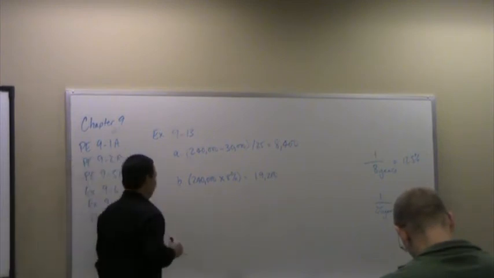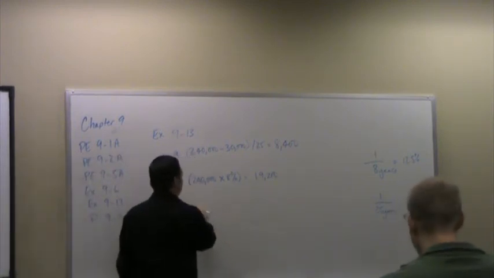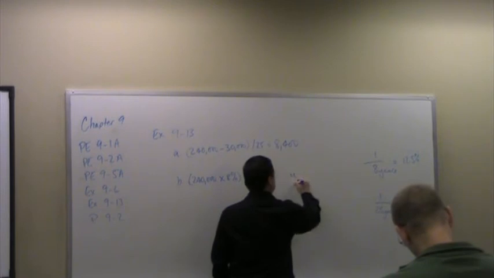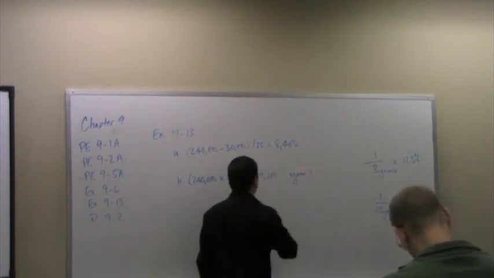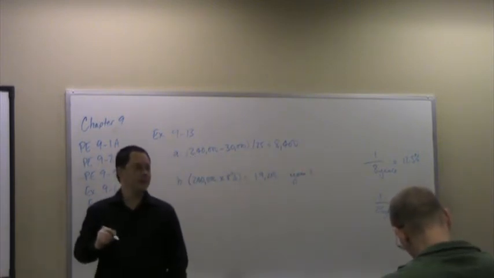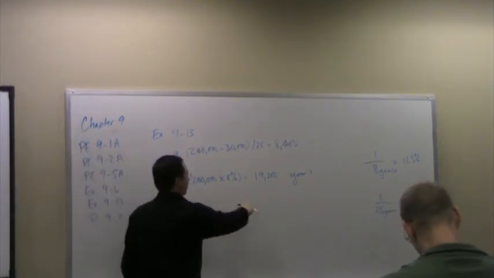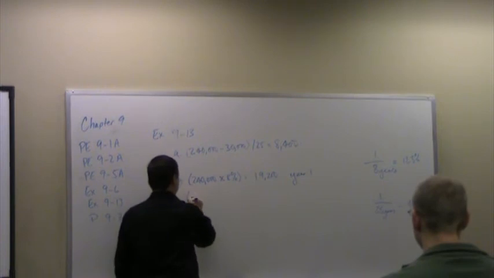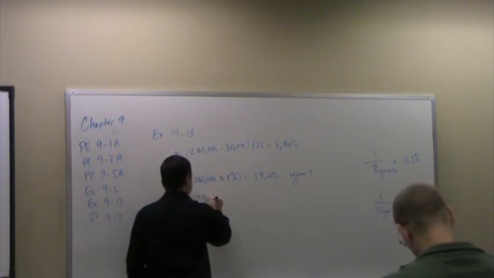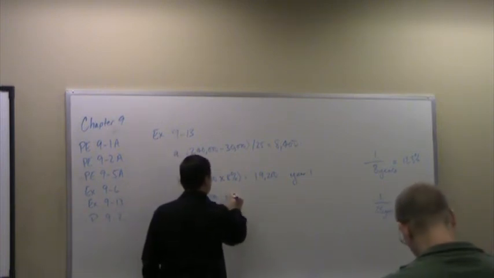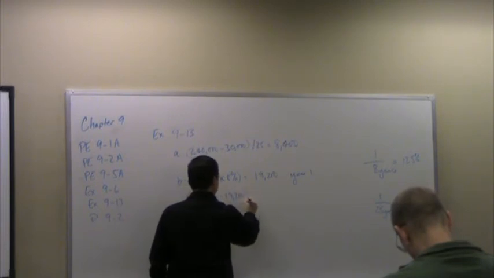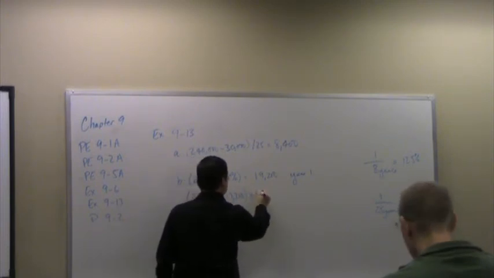All right, so that gives us year 1. How do I figure out year 2 now? Year 2 is a little different because now we've depreciated that much. So for year 2 we have 240,000 minus the 19,200, since we've depreciated that, and then we multiply that by 8%.